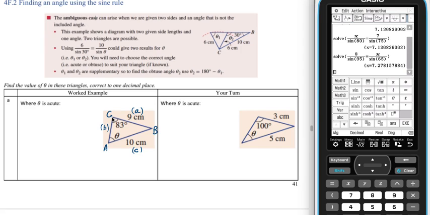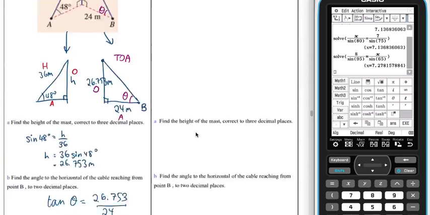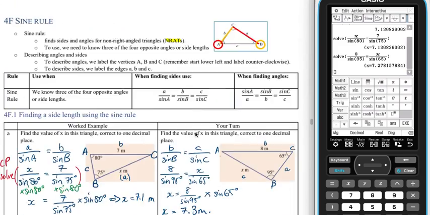Now we want to substitute in using the sine rule equation for angles. We know our A's and we know our C's. We do not care about our B's. So if I went up to this equation here, I'm going to be eliminating my B's. So it's going to look something like this.